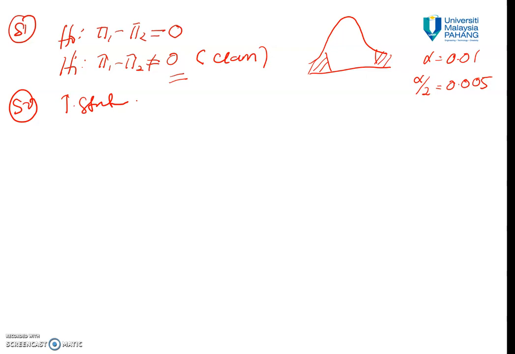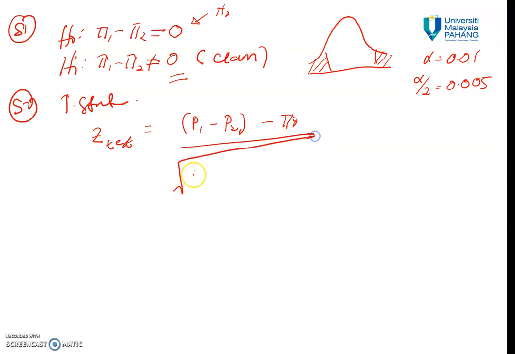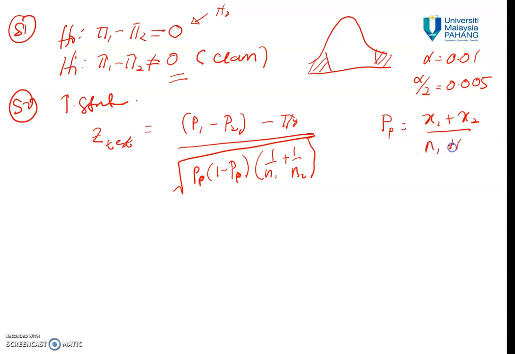If pi naught is equal to 0, your formula will be the z test, but it will be p1 minus p2 minus pi naught, divided by the square root of p naught, 1 minus p naught, times 1 over n1 plus 1 over n2. Sorry, not p naught, it's the pooled P. So what is the pooled P? It is x1 plus x2 divided by n1 plus n2.